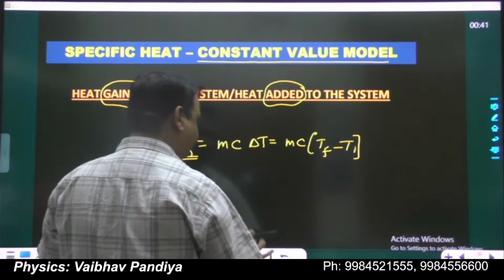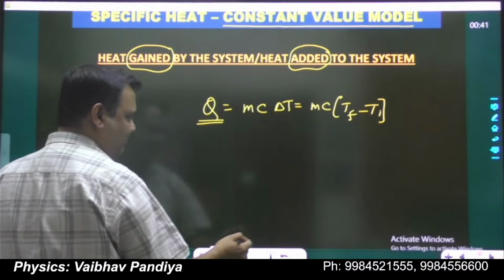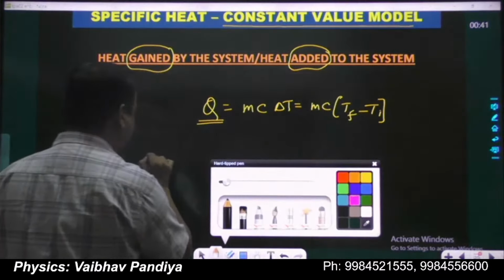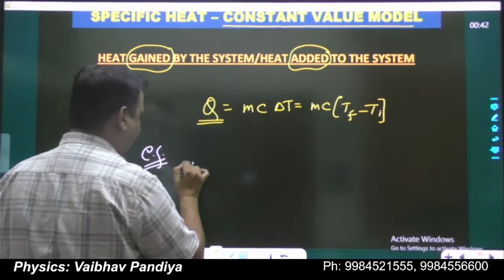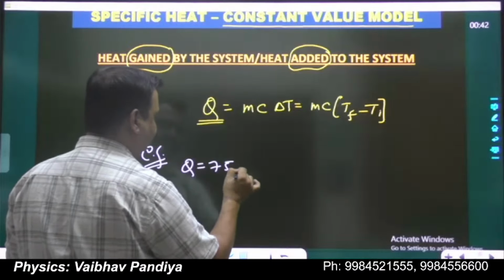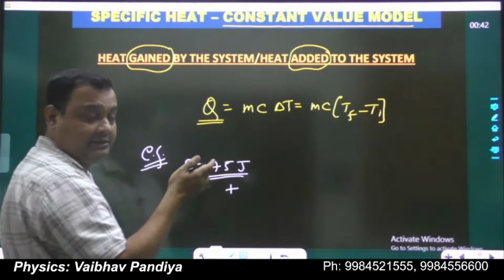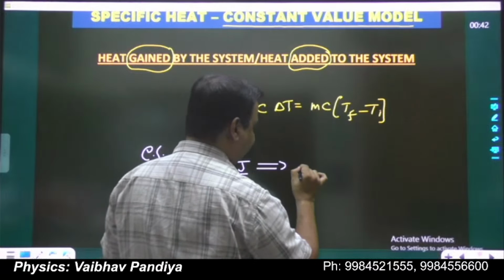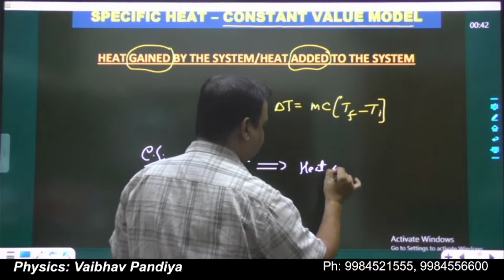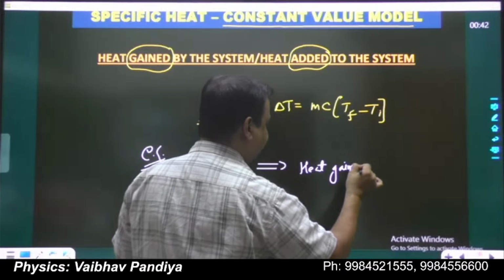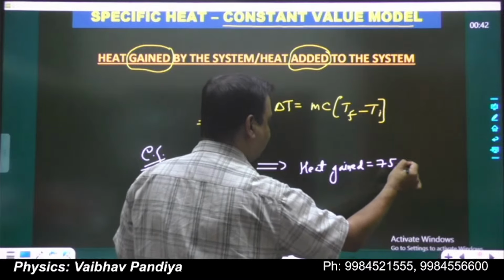Okay? So you need not worry whether Q will come to be positive. Suppose, for example, Q comes to be 75 joule. Now Q is positive, and your model is the heat gained. What it implies is that heat gained is 75 joule.